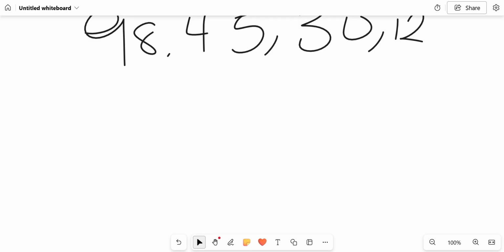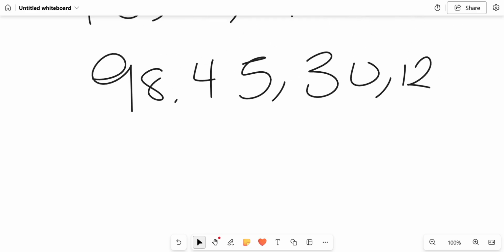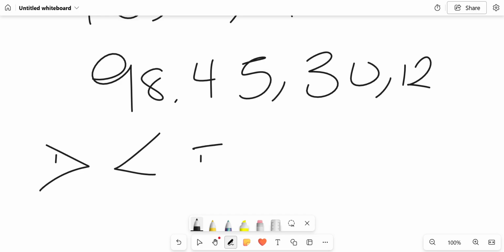And the most important rule, anytime you're comparing numbers, don't rush the question. You can take your time and read the questions carefully. Today we've learned how to use the greater than, the less than, the equal to, ascending order, and descending order.